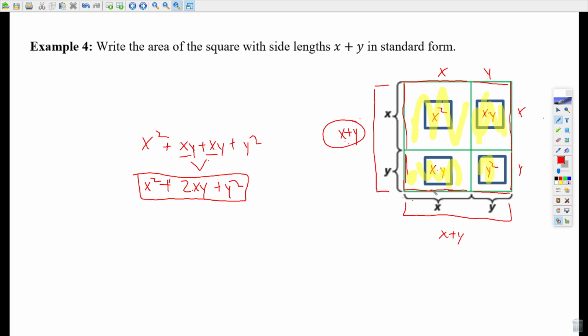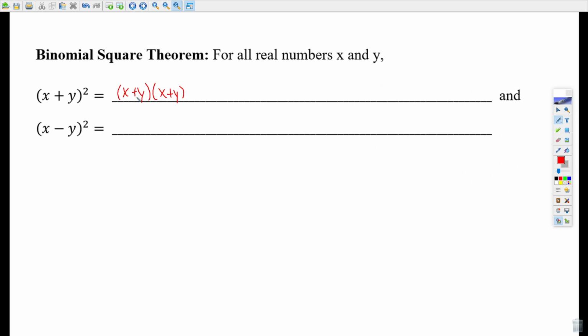The answer happens to be what we just got here, and that will always be the case. You can just square the x's, so x squared, plus you do x times y, and there's 2 of them, so it's 2xy, plus square the y's.